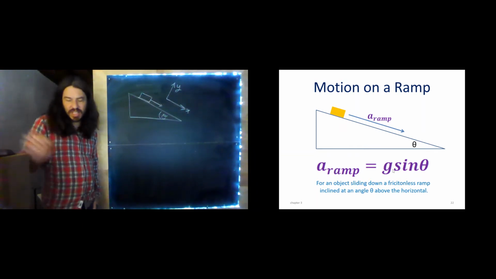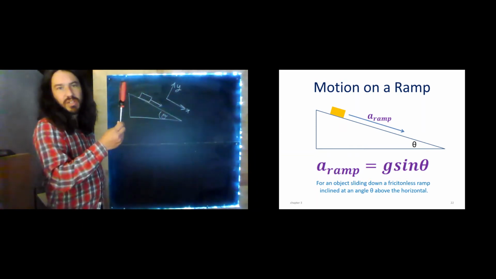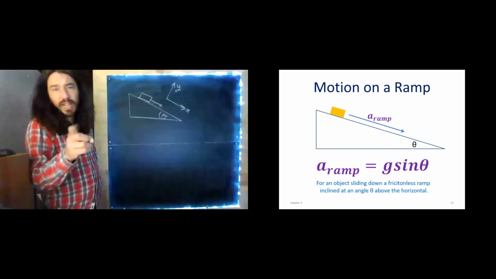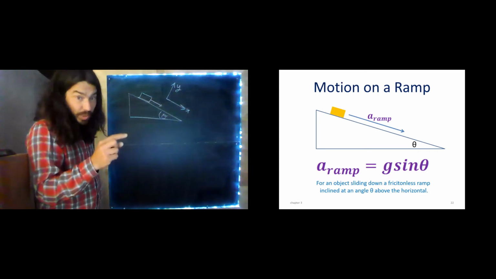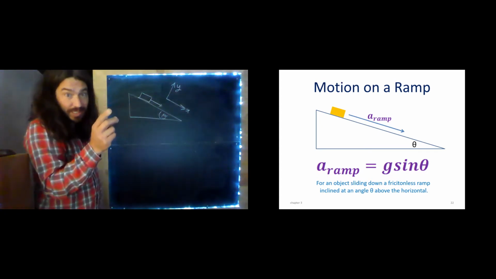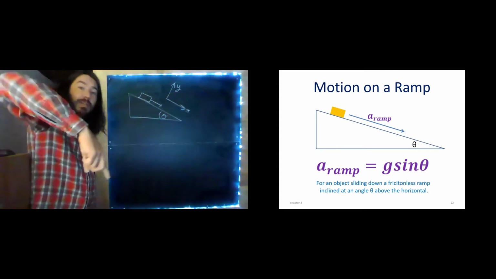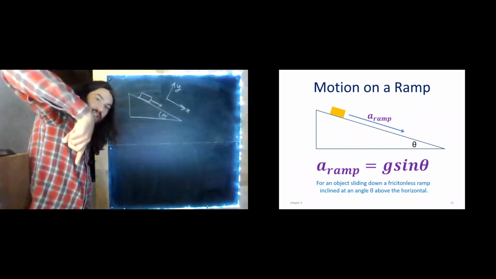sine theta, which kind of makes sense. If I just drop something like the screwdriver, ignoring air resistance, its acceleration will be negative 9.8, or in other words, 9.8 meters per second squared in that direction.